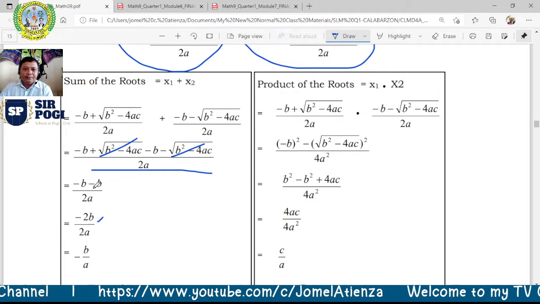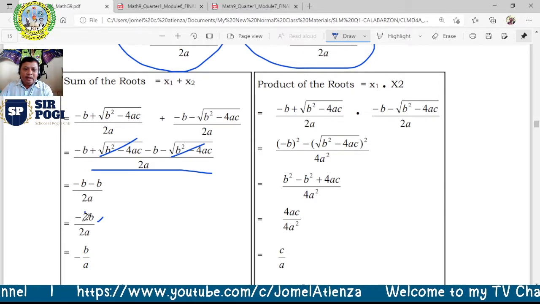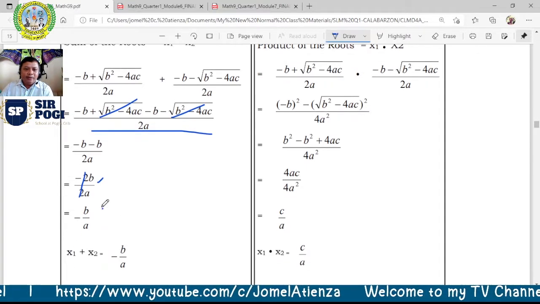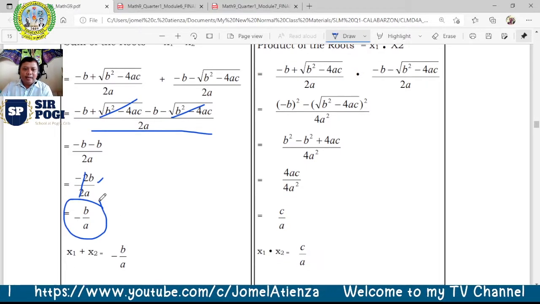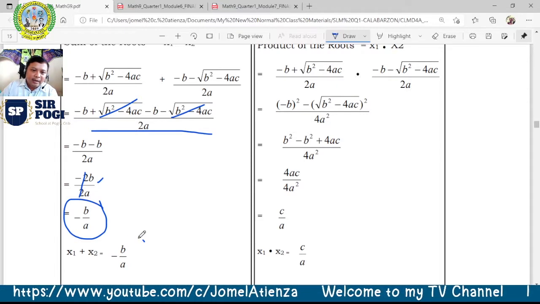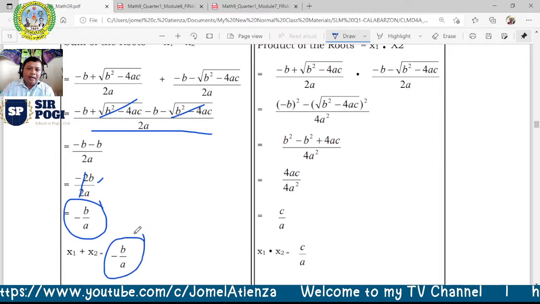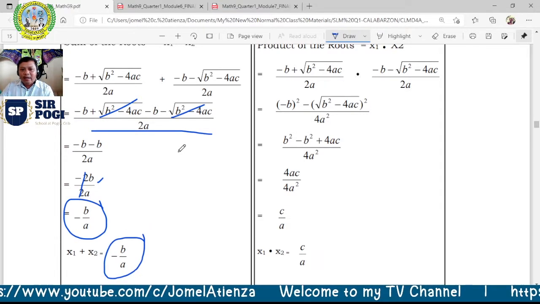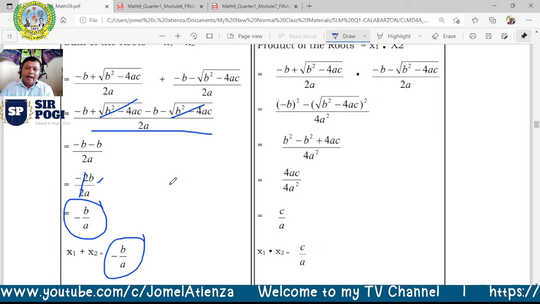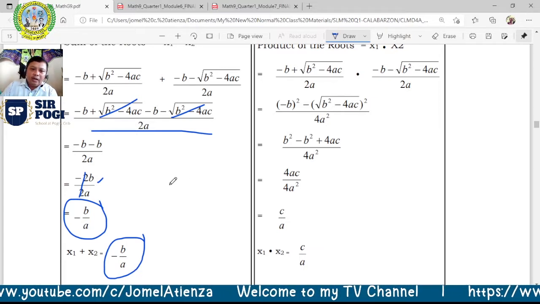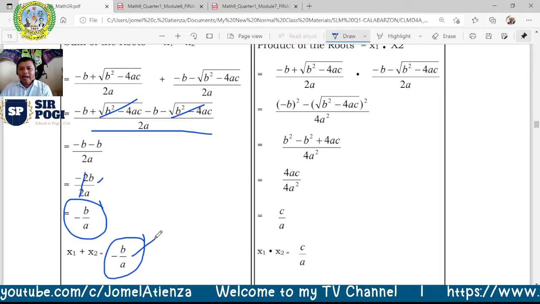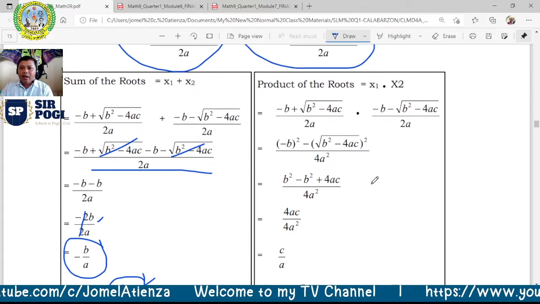Negative 2b over 2a. So na-cancel na rin. So therefore, yung ating sum ay lumalabas na negative b over a. Na kung isa-substitute lang natin yung value ng a, b, and c in the original equation, ito lang po yung kalalabasan niya.